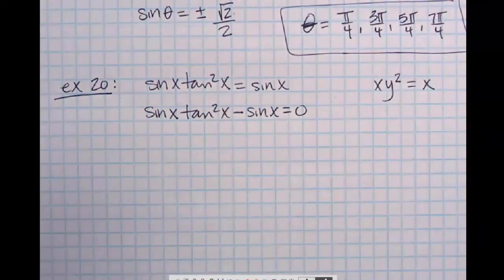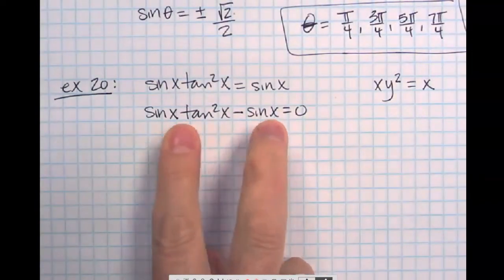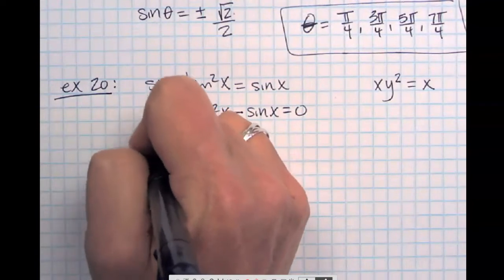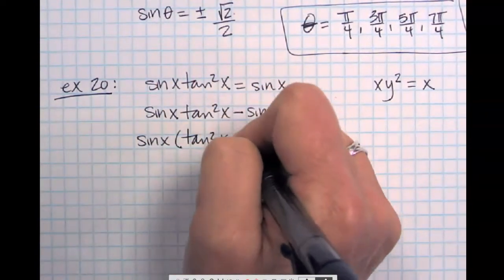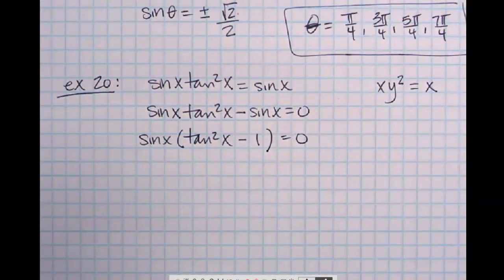Yeah, remember when we factor, we want that 0 on the right so that we can set the factors equal to 0. Okay, so those are not like terms. They don't combine. But what do you notice is common to both of these terms? Sine x. I'm going to factor that out. Like that.